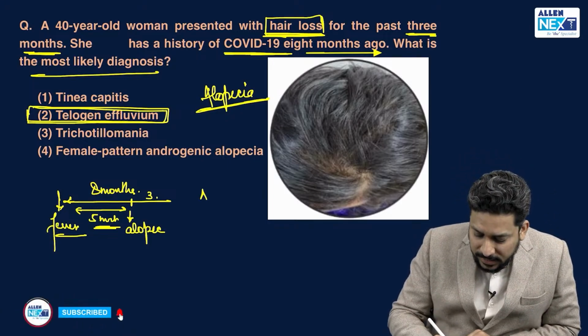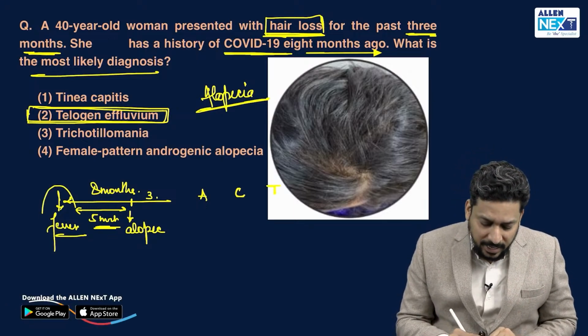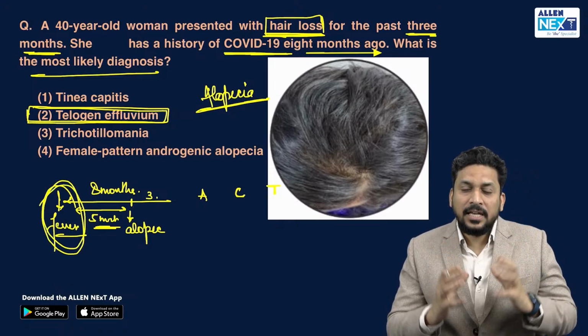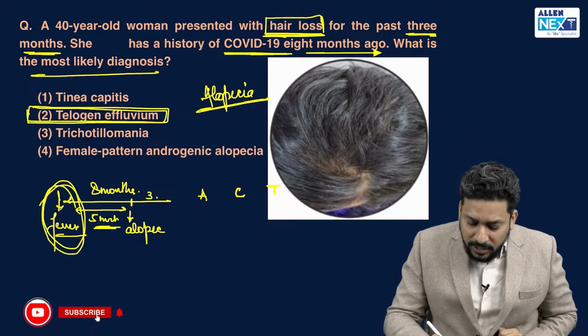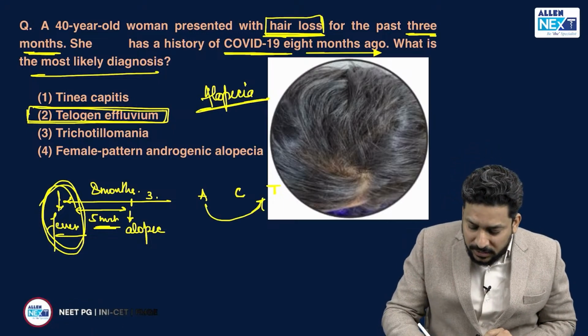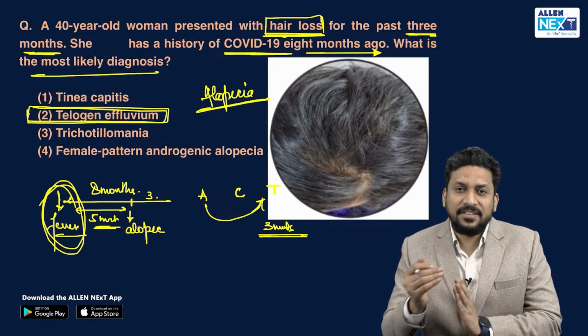Because in the hair cycle, anagen phase is followed by catagen, which is followed by telogen phase. And when something like COVID-19 infection occurs, these anagen or growing hair follicles prematurely enter into the telogen phase. And because telogen phase lasts for months, generally 3 months, these hair follicles do not fall off for 3 months, but after 3 months excessive hair loss starts.